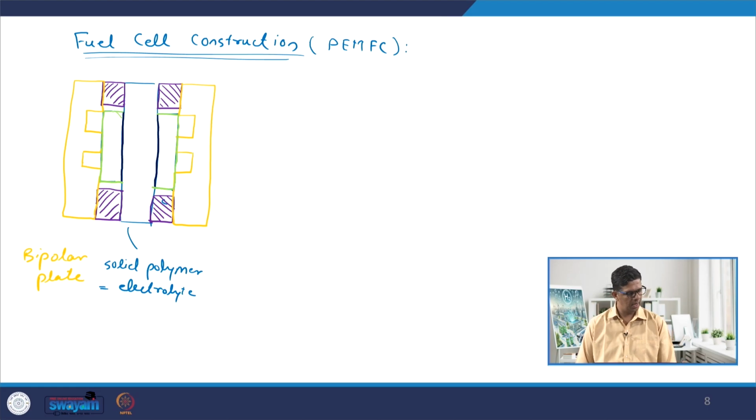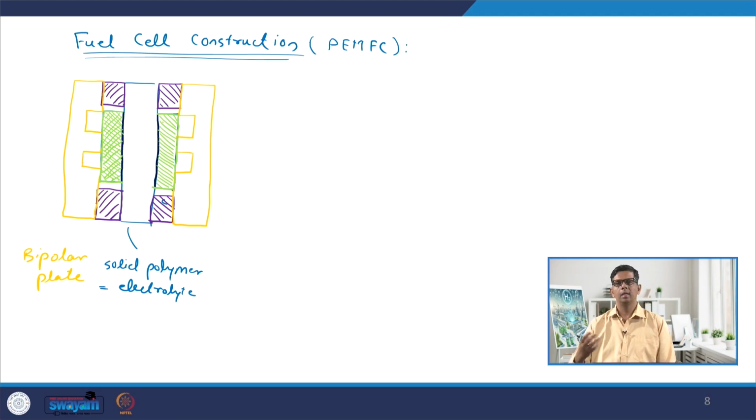Gas diffusion layer is highly porous in nature. Let me show gas diffusion layer on both sides. The function of the gas diffusion layer is basically to distribute these gases more uniformly on the surface of the catalyst layer.